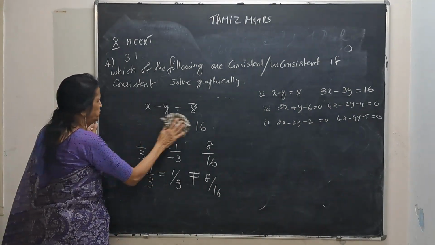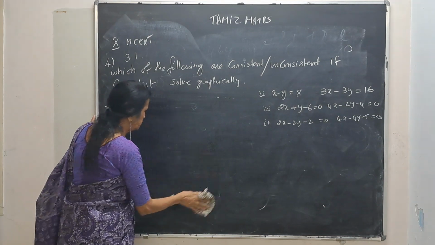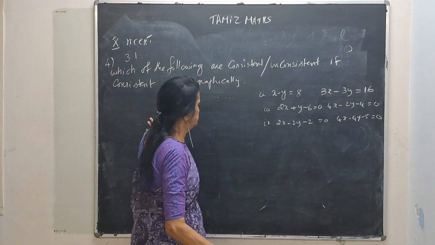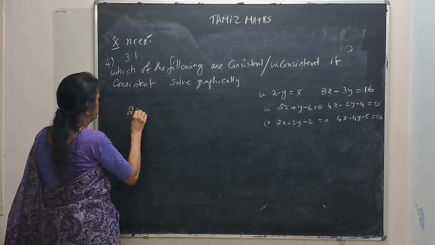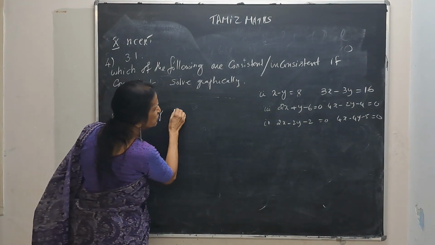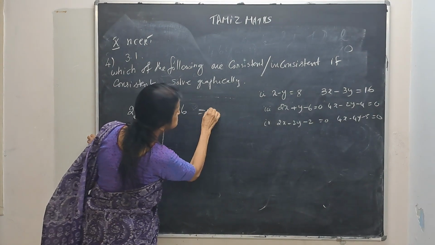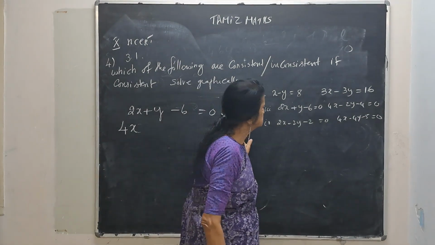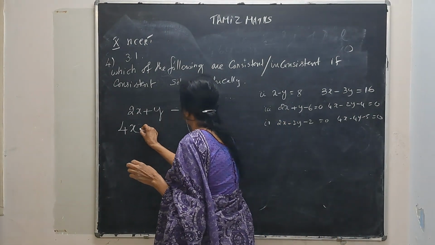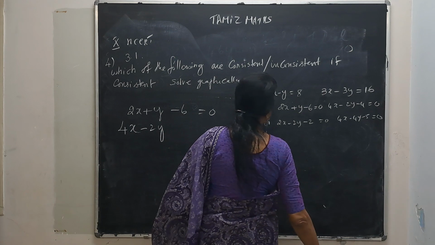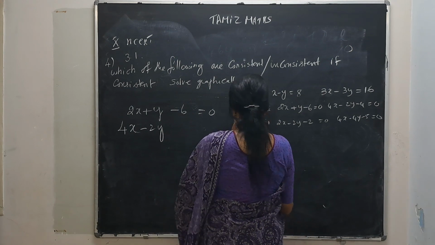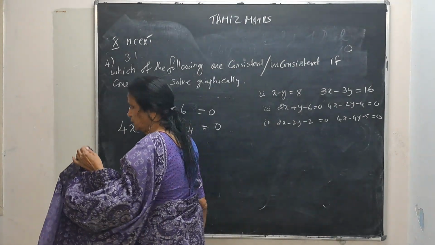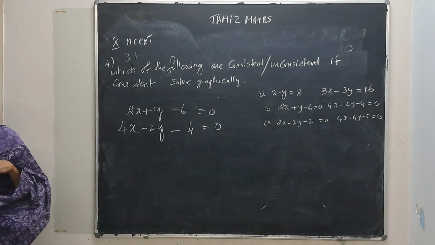Next we go for problem 3. x minus 2y minus 4 is equal to 0.